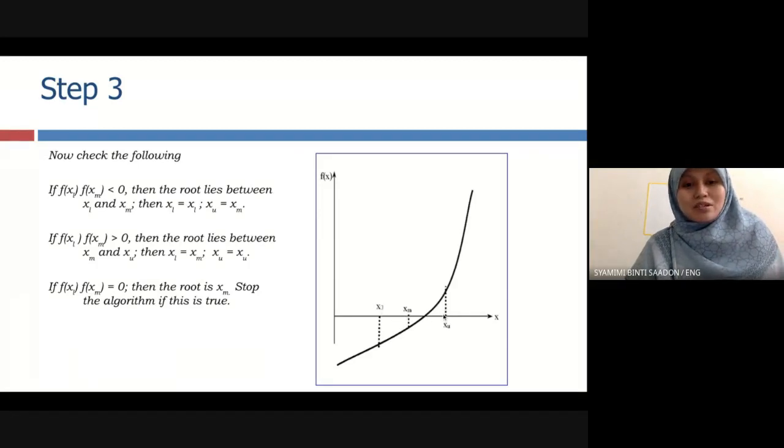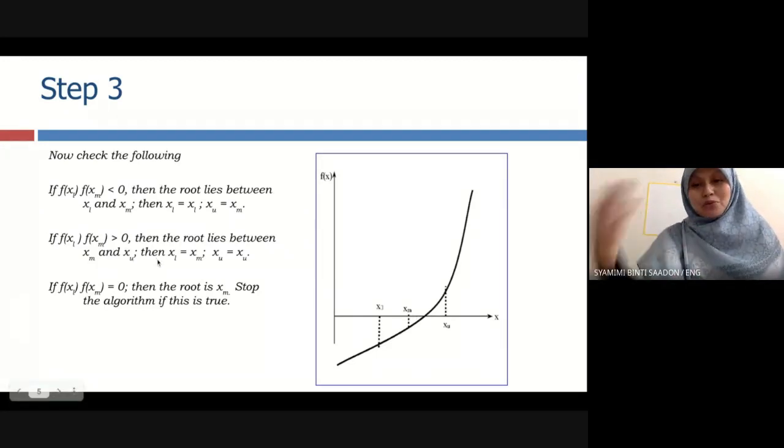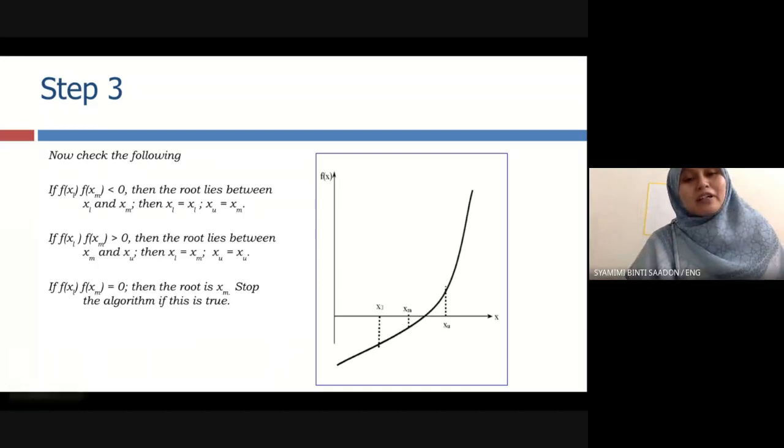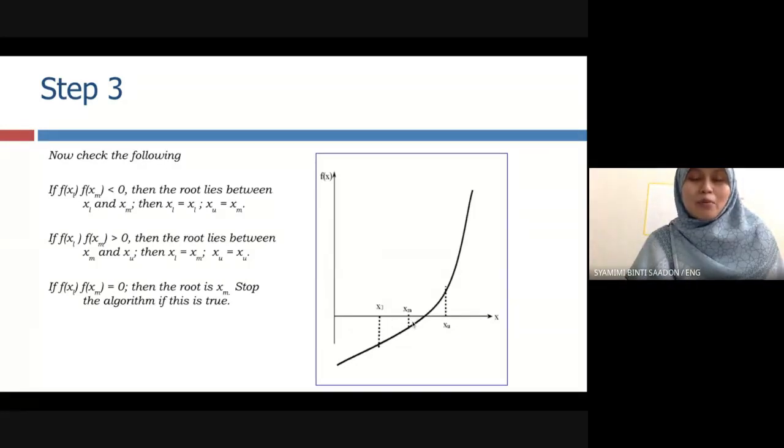So if this condition is correct, then before we proceed to another loop, XL now changes to XM. XM will take the place of the lower value, and XU will be maintained as XU.